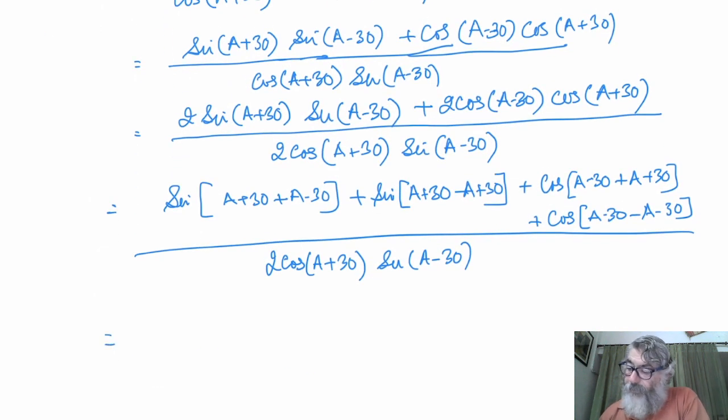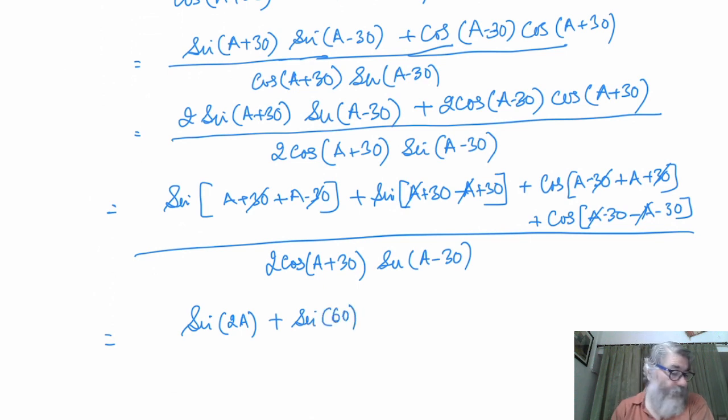Now here what will happen? 30 minus 30 will cancel, minus A plus A will cancel, minus 30 plus 30 will cancel, A minus A will cancel. So you will get sin 2A plus sin 60. You get sin 2A, okay, sin.